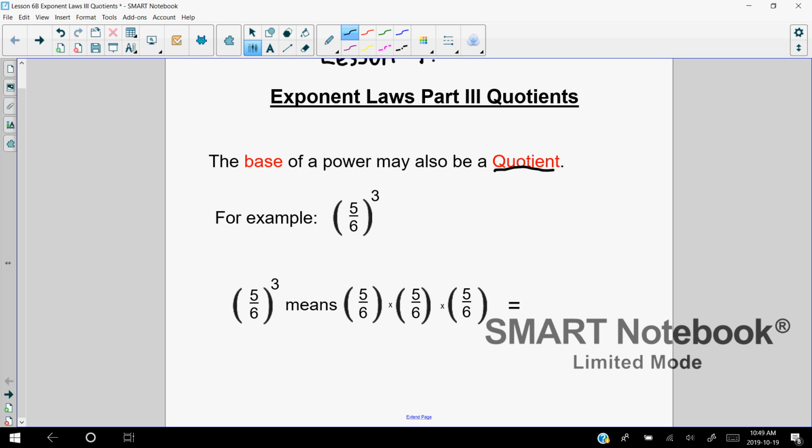Now we can simplify that without actually multiplying it all out by raising our top number to the power of 3 and our bottom number to the power of 3. So 5 over 6 to the power of 3 becomes 5 to the power of 3 over 6 to the power of 3. So the 3 can come in for the exponent as long as you bring it in for the top and the bottom of the fraction.